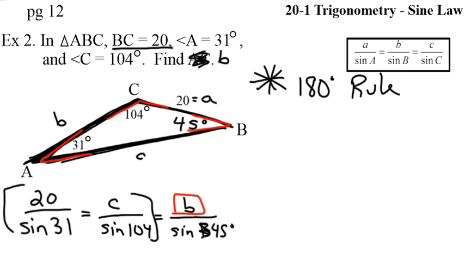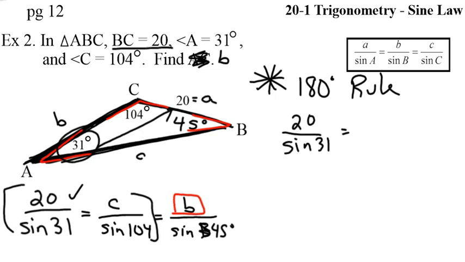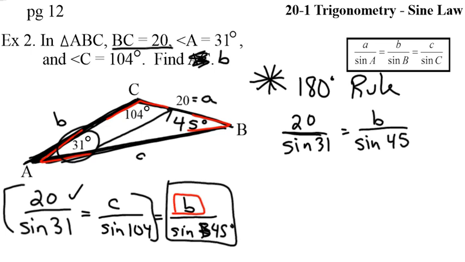Consider the 180 rule all the time. So now I have angle side pairing, perfect. I can start with that. 20 over sine 31 will equal, we want to know what B is, given that angle B is 45. Even though it wasn't told to us directly, we can figure that out.